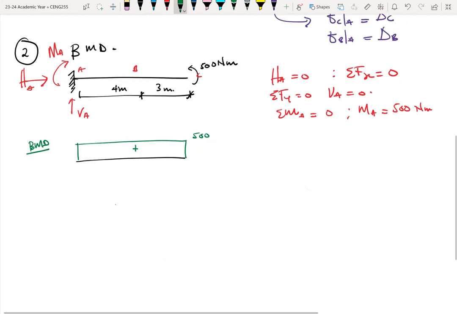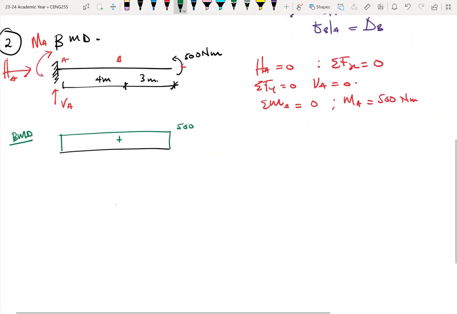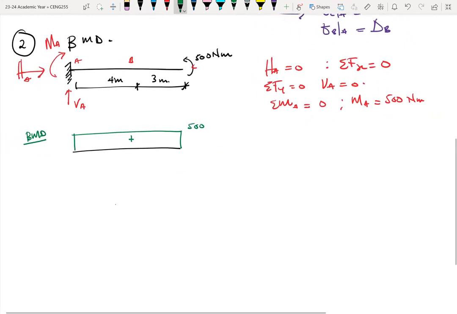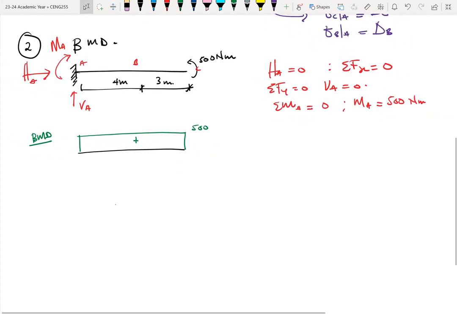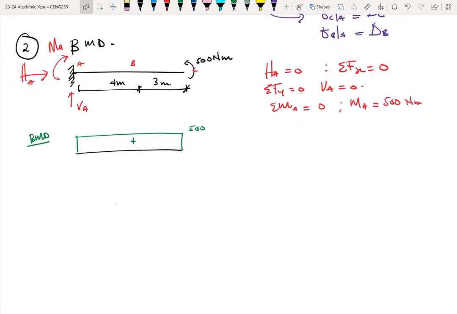M is positive, and the reason is because of the position of the load on the right hand side C. Yes, most of the time we are used to MA being negative because of the direction of the load, which is downwards, but it is not something that is cast in stone. It's only negative because of the loads.